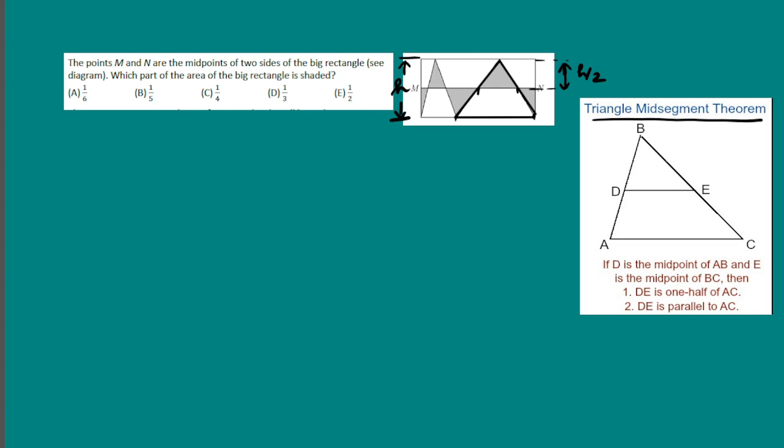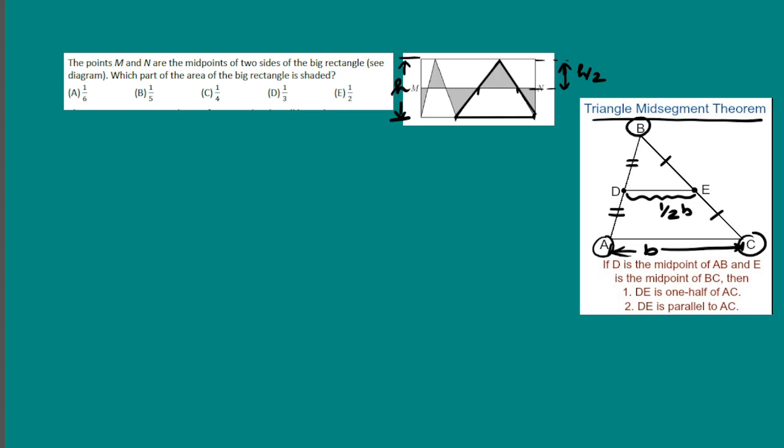What this theorem states is, if you look at the triangle ABC, and you take the midpoints of AB and BC as D and E, so BD and AD are the same, and BE and EC are the same, then DE will be half of the original width, the length of the side BC. This is what the triangle mid-segment theorem states.